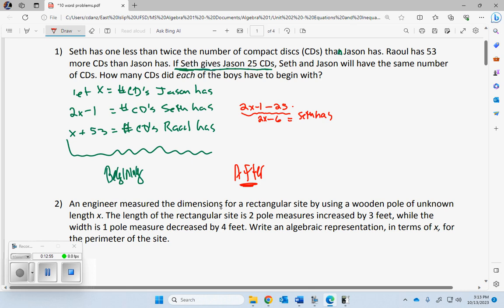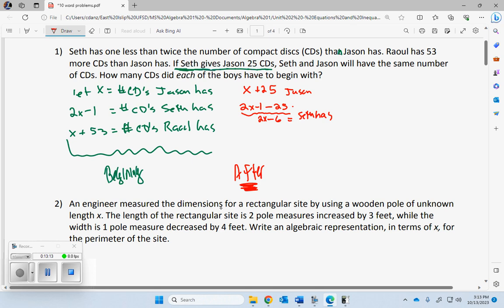And then remember that Seth is giving the CDs to Jason. So don't you agree that now Jason just got 25 CDs? So Jason had X, and now he just got 25 CDs. So this is Jason, again, afterward.